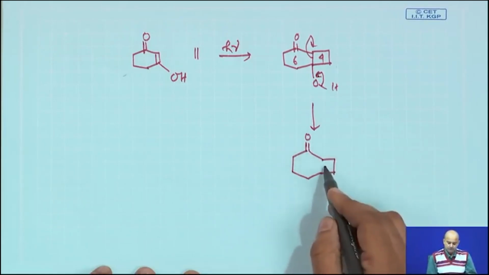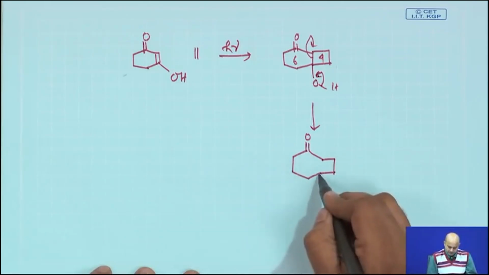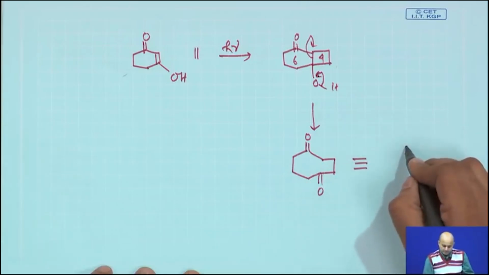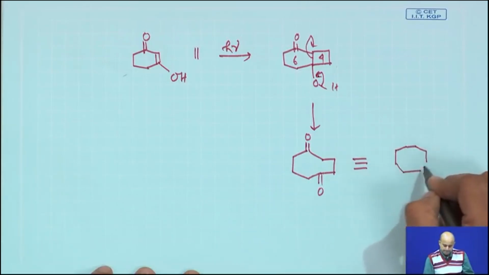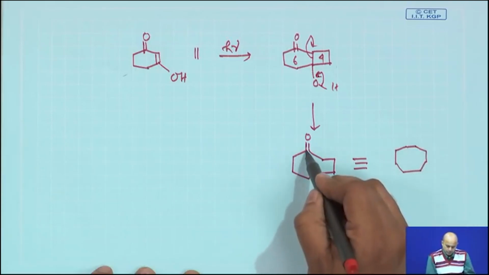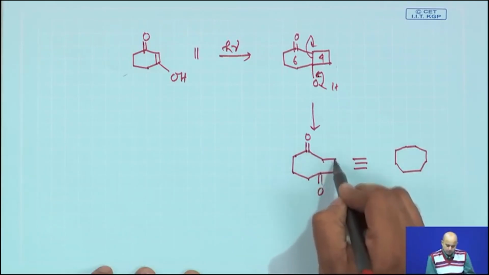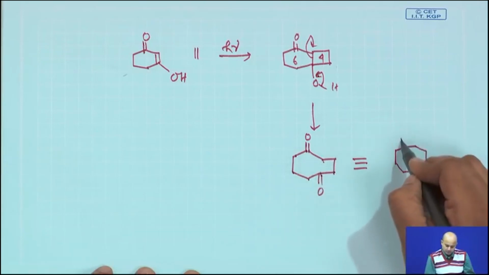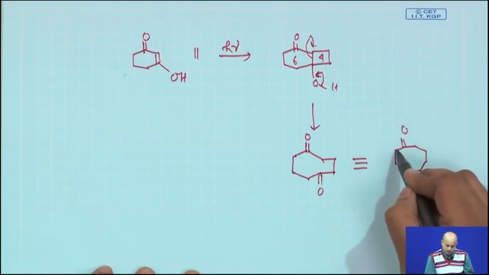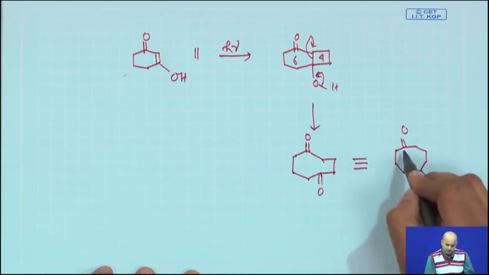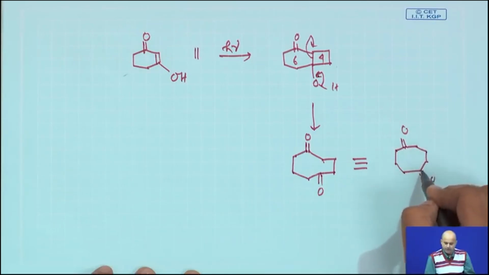We will basically get this compound. This compound is nothing but an 8 member compound. Now, the carbonyl positions are 1, 2, 3, 4, 5, 1, 2, 3, 4, 5.